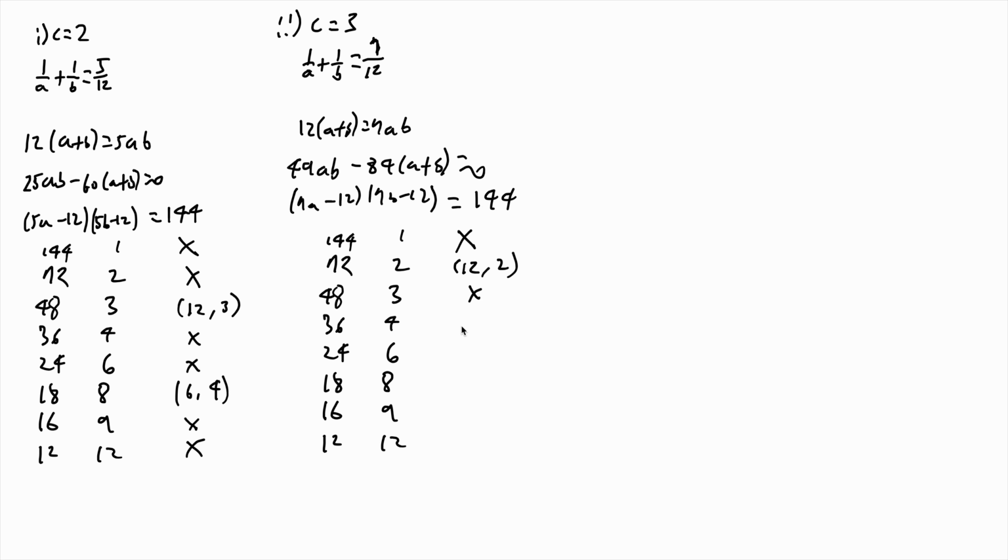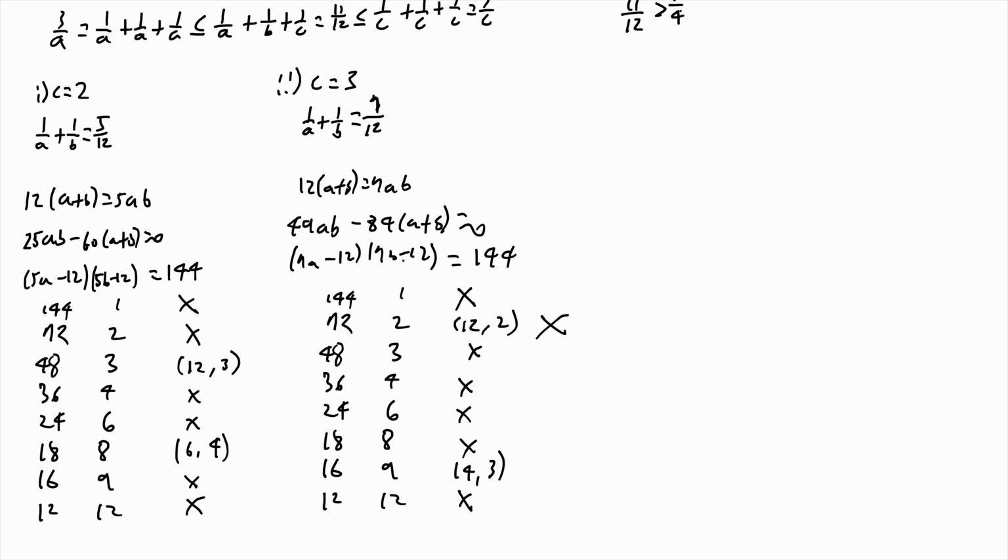This one doesn't work. Does 28: so 4 and 3. And apparently this doesn't work either because c is supposed to be less than or equal to b.